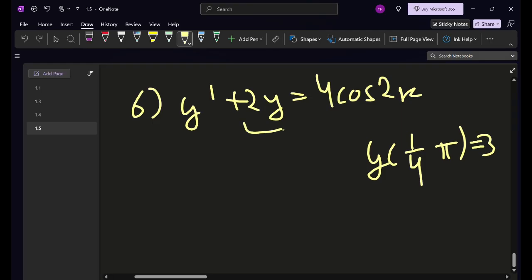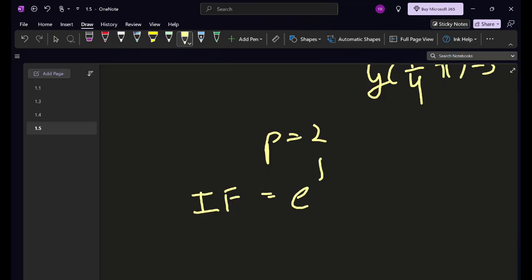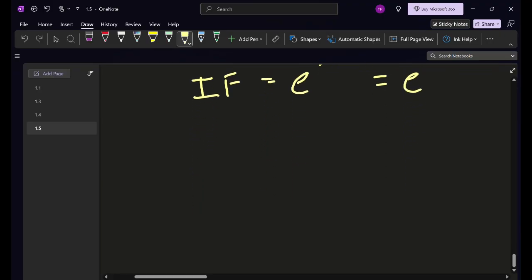As you can see, the p in this question is 2. So we can write p is equal to 2, which means our integrating factor will be equal to e to the power integral of 2 dx. It is equal to e to the power 2x.